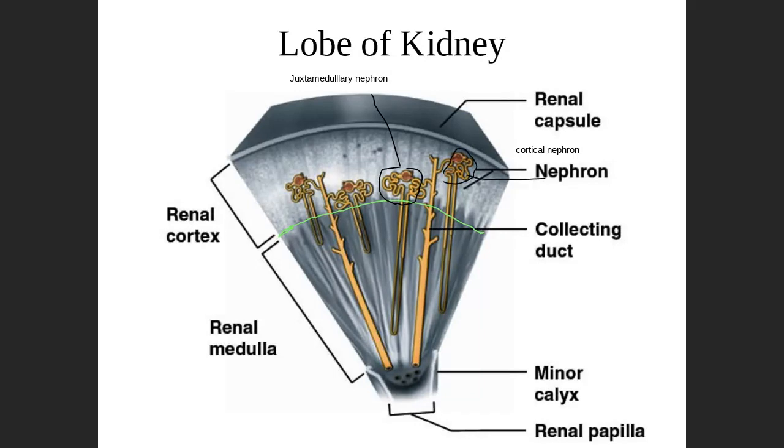All right, so what are the components of the nephron? The components of the nephron are, one, the Bowman's capsule. Two, proximal convoluted tubule.